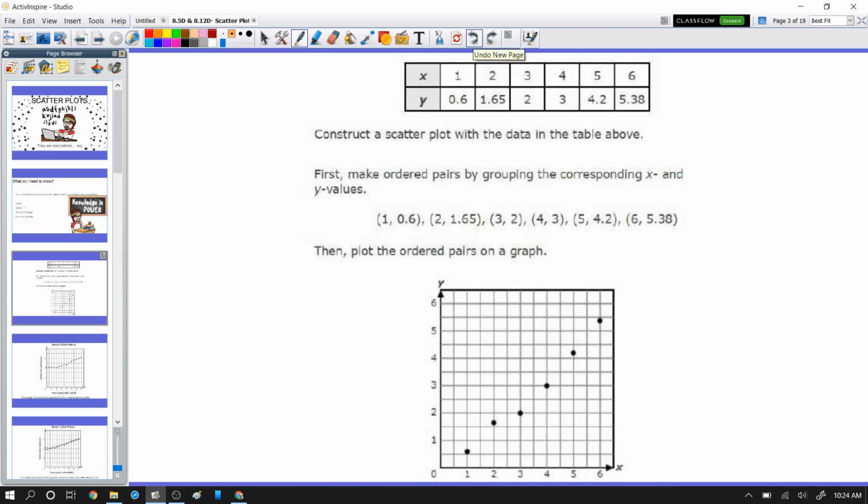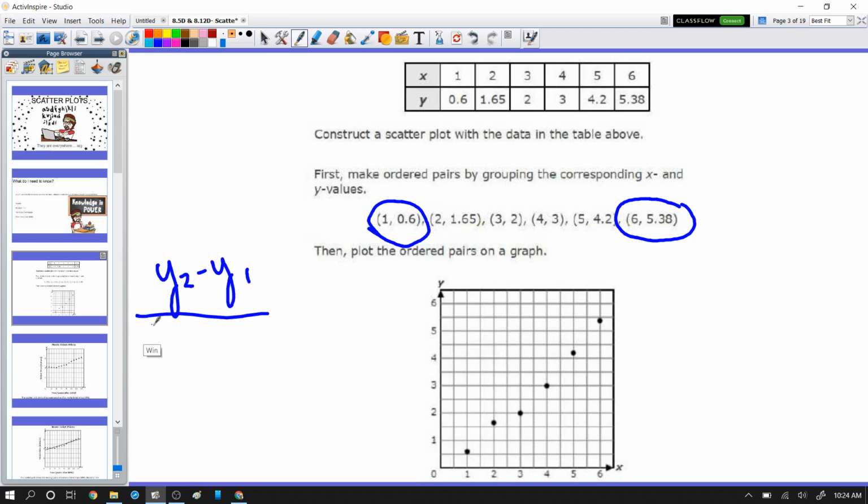So the things that we did before, where you could take a coordinate and another coordinate, that's all you need to make a line. If we did y2 minus y1 over x2 minus x1, you'd end up having your slope, and that slope would have x next to it, and then you'd have y equals slope times x.